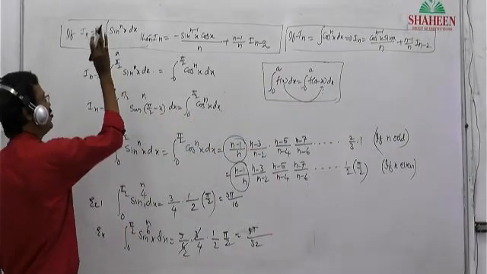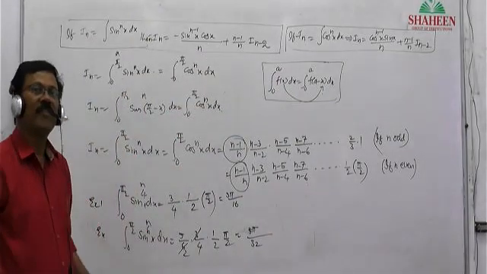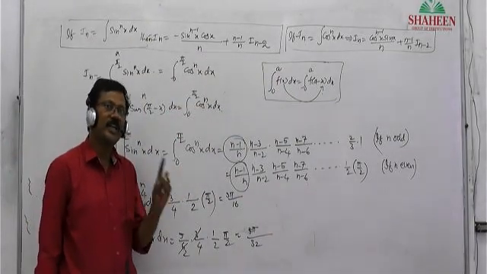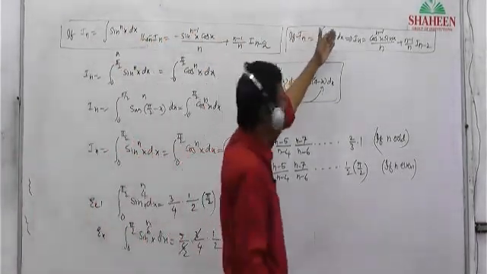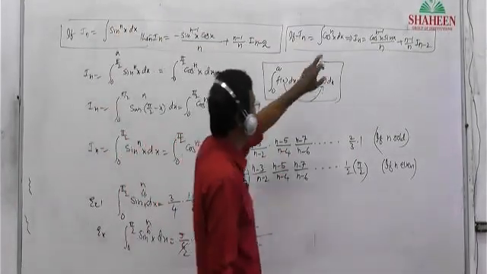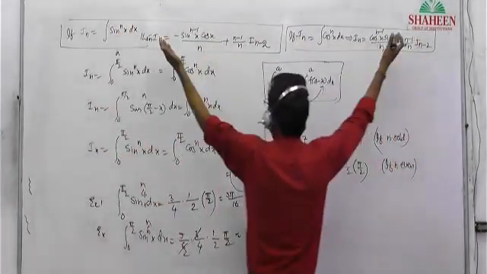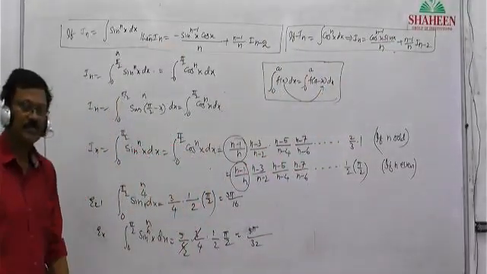That's why sine power n and cos power n reductions are the same, in the definite integrals, not in the indefinite. Indefinite are different, no limits here. Sine power n reduction and cos power n reduction are two different ones. Whereas in the definite integral, both are the same.